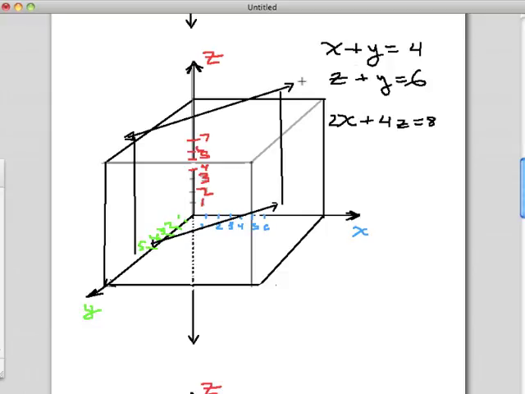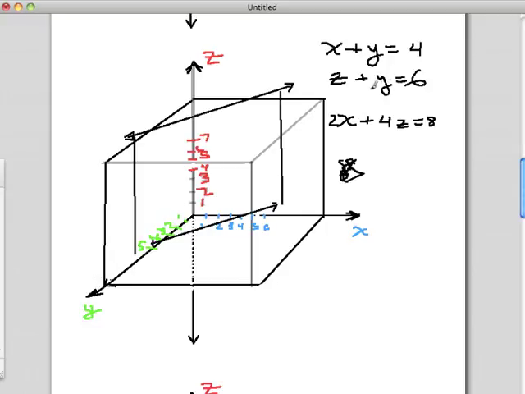You can see x is not in this equation. And now if we took our eyeball and put it over here, and we were looking this way, you can see we'd be staring at this zy plane.